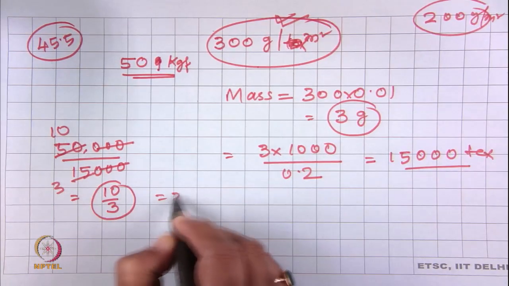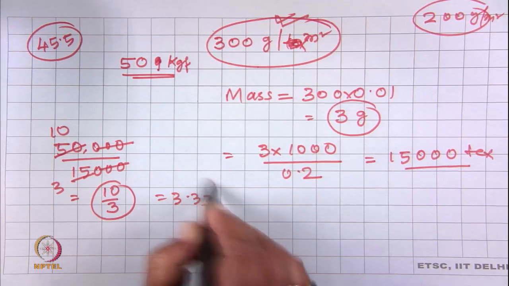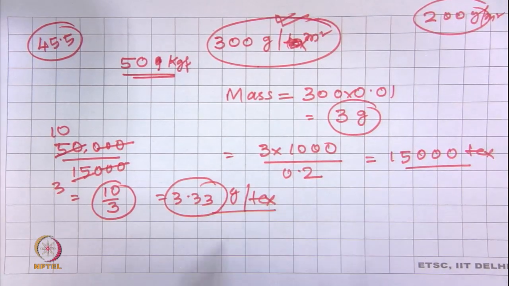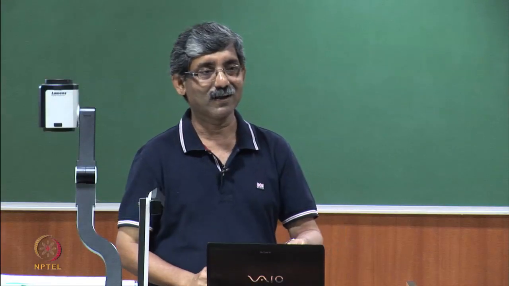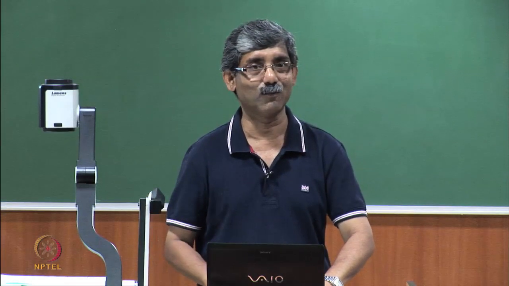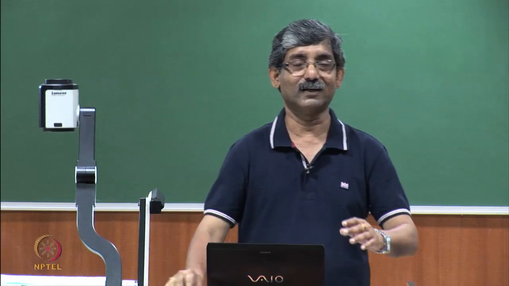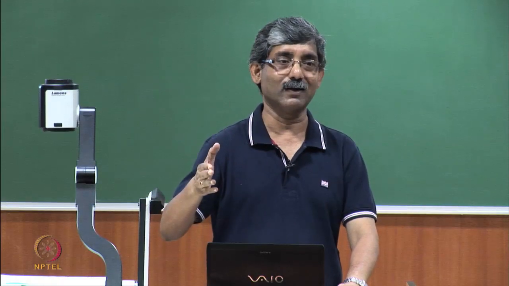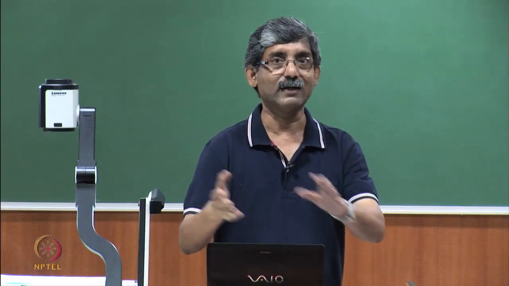So, it will be 3.33 gram per Tex. That means, earlier even with the lower value of breaking load, the tenacity was 4.55, it is higher than this tenacity 3.33. That means we cannot compare the breaking load of different types of fabric.